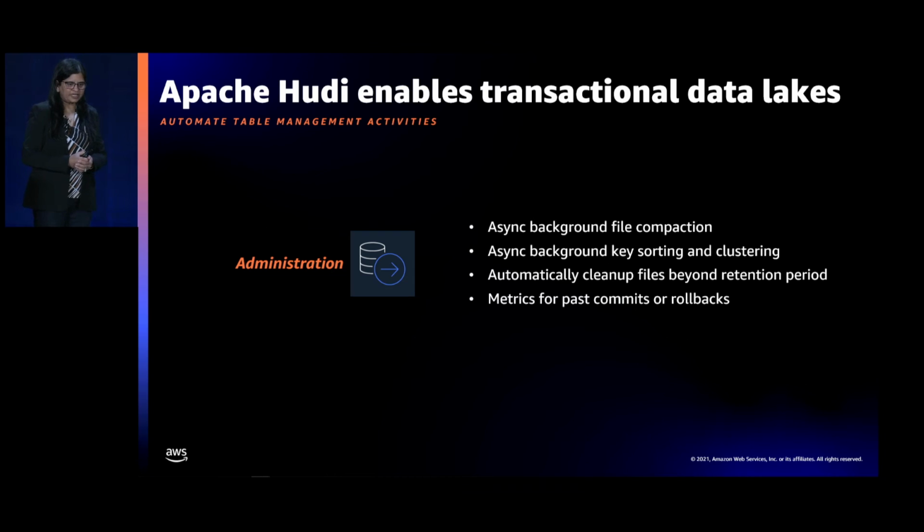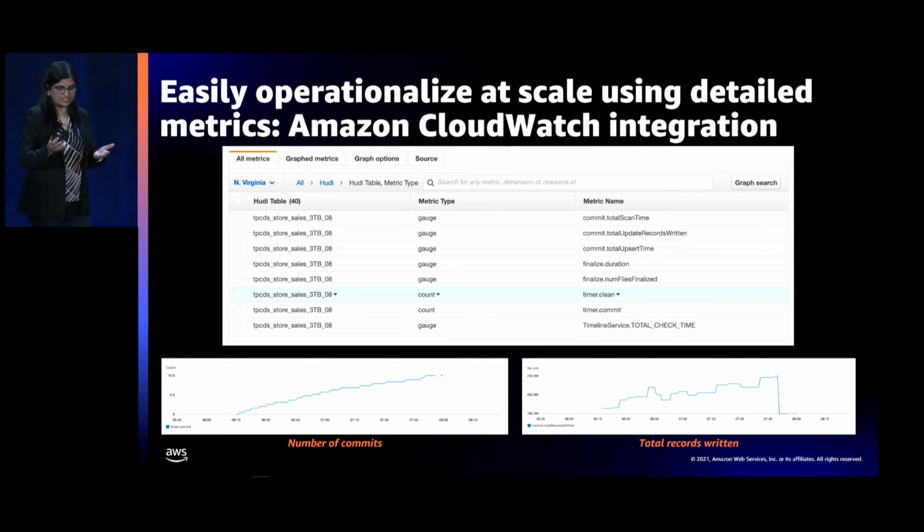And most importantly, you have metrics for the past commits or rollbacks so that you can take a look at how Hudi has merged your data. This is available from the CloudWatch integration that we have available on Amazon EMR. So you can easily operationalize the entire Hudi pipelines at scale using the detailed metrics emitted from your Hudi applications.